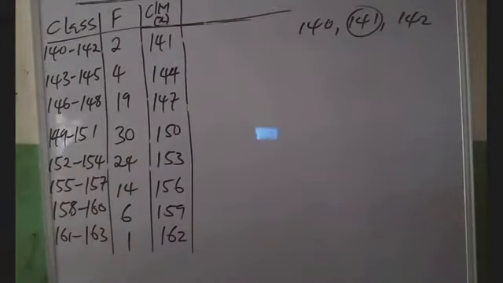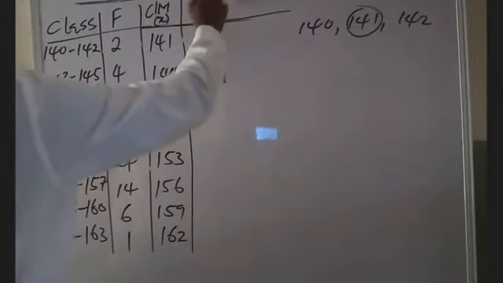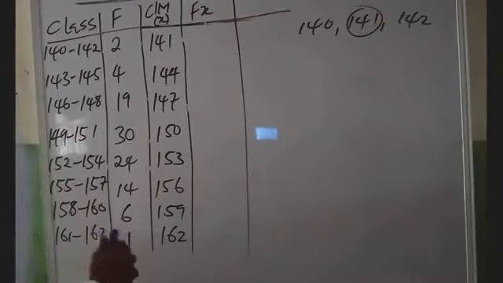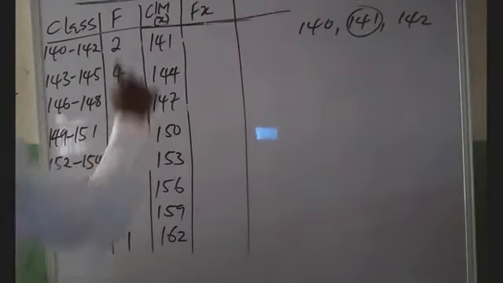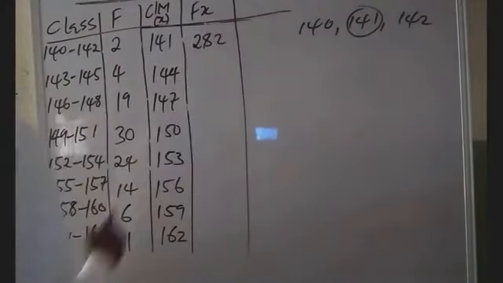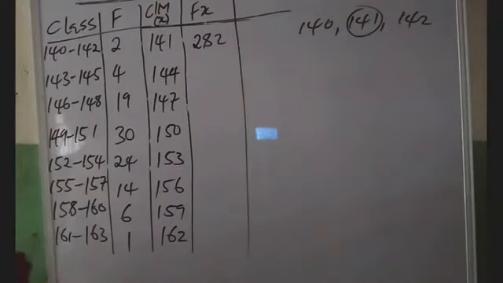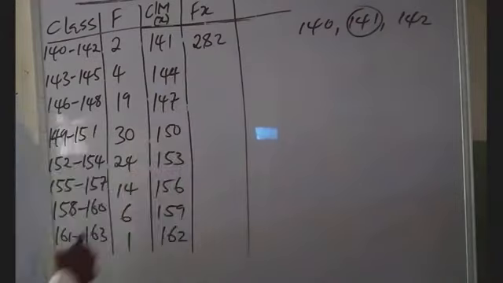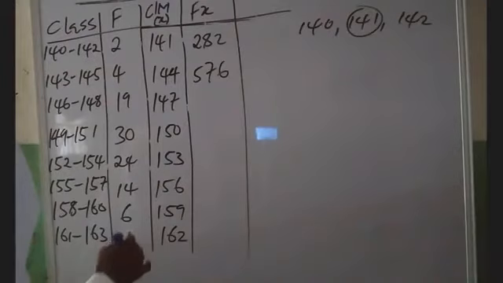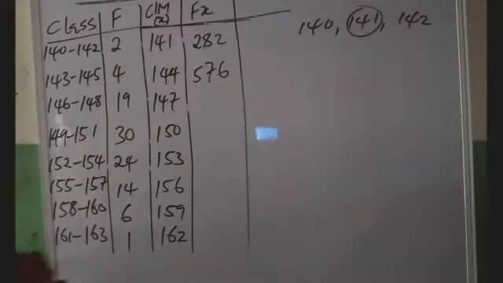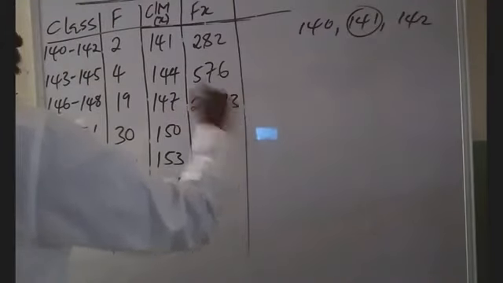Then the next thing is for us to find the mean. To find the mean, we have fx here, which is f times x. So if you multiply that, 2 times this is 282. 4 times 144 is 576. Then we have 19 times 147. That will give you 2793.